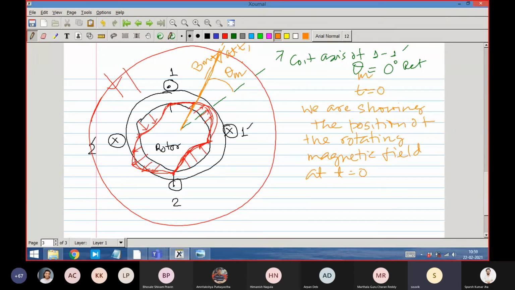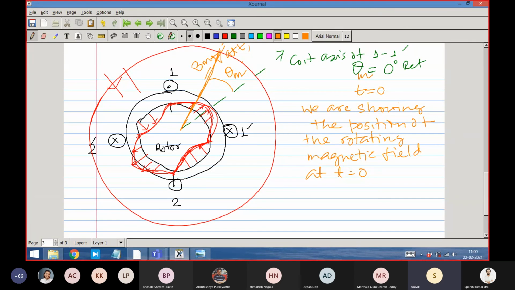What is the flux linkage if the rotating magnetic field is aligned to the coil axis? How much is the flux? Integrate, just integrate. And what would the flux linkage be if the peak has moved at an angle theta m with respect to the coil axis at an instant t?